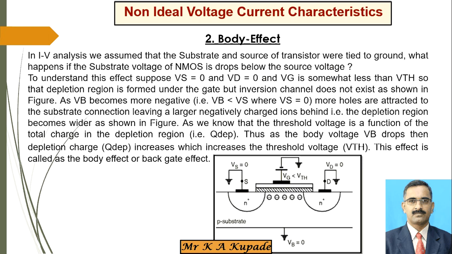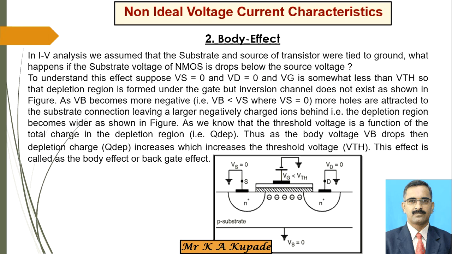To understand this effect, suppose Vs is equal to 0, as already shown in the figure, and Vd is also 0, that means the drain voltage is 0. And Vg is somewhat less than VTH, that means it has not reached the threshold voltage.